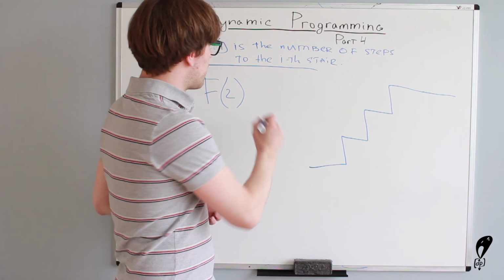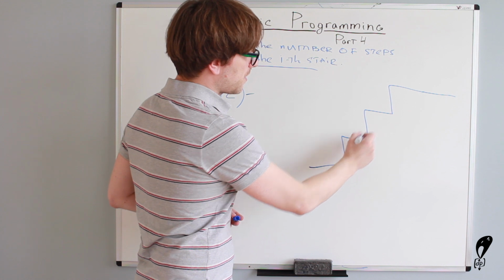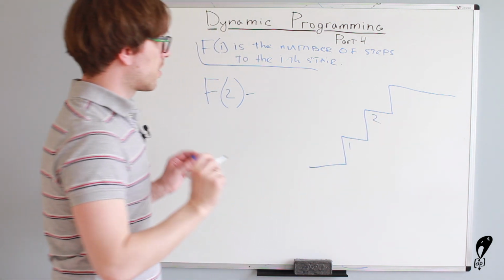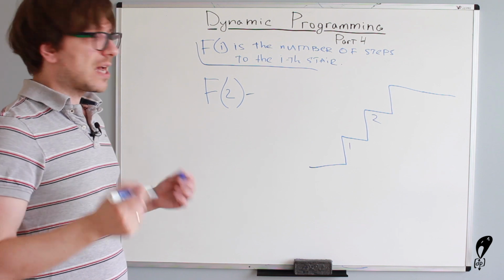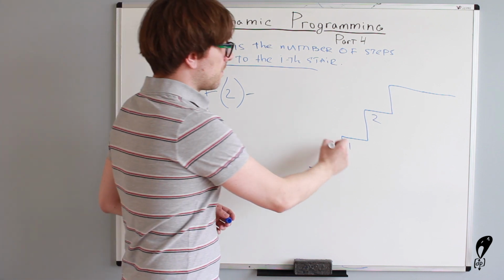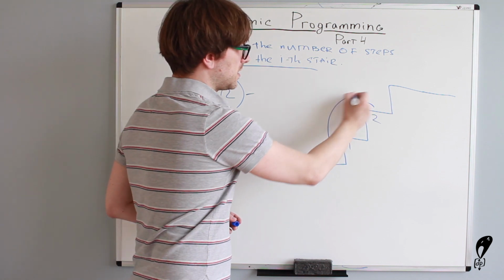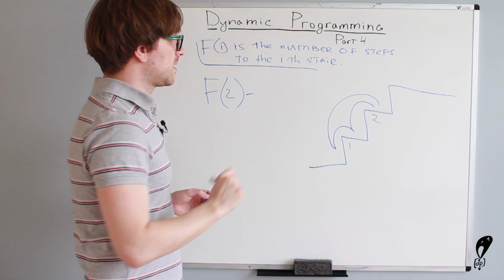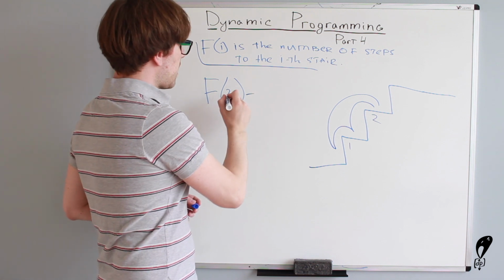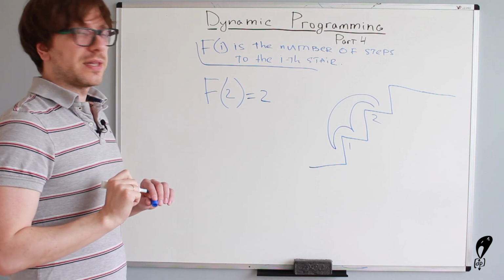So let's calculate them. So this is the first stair, this is the second stair. And we are only allowed to make either 1 or 2 steps at a time, right? So this is the first way, and this is the second way. That's it. There is no other way to get to the second stair. So we'll say f of 2 equals 2. We don't need a computer to calculate that, right?